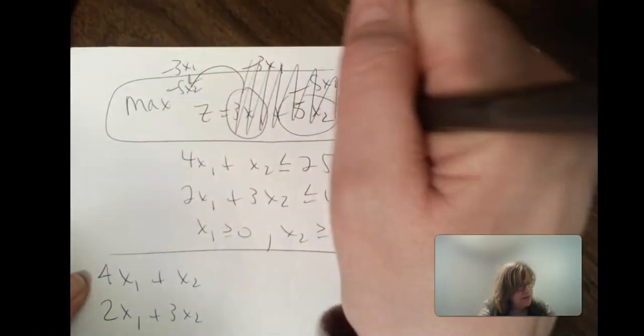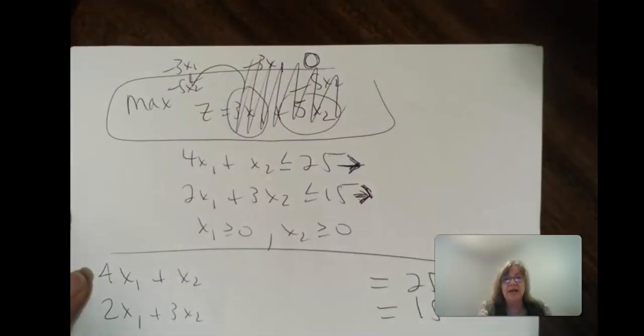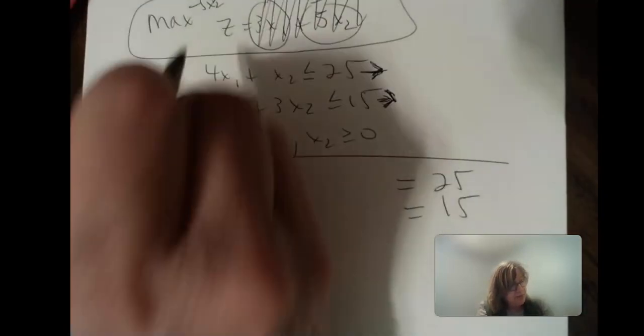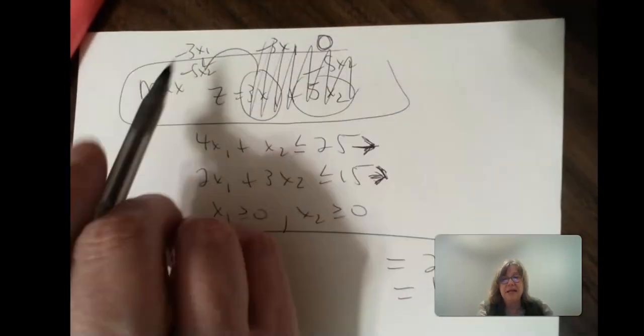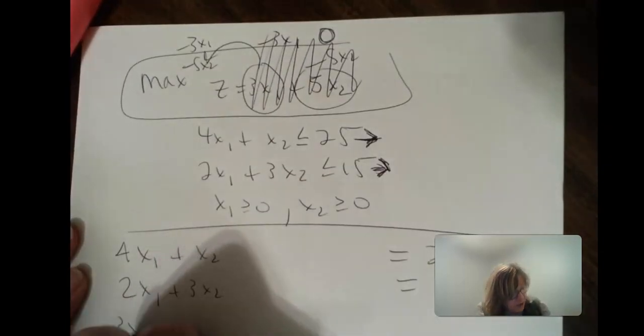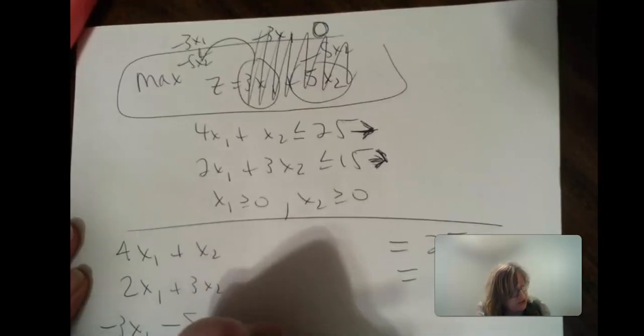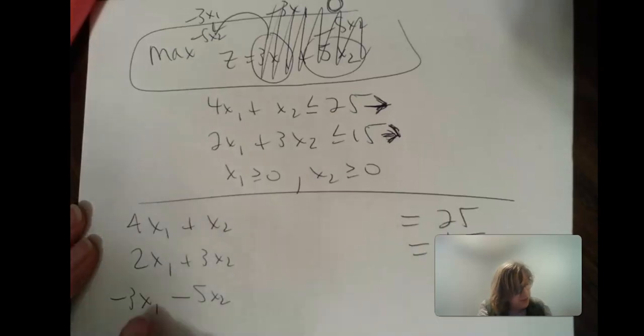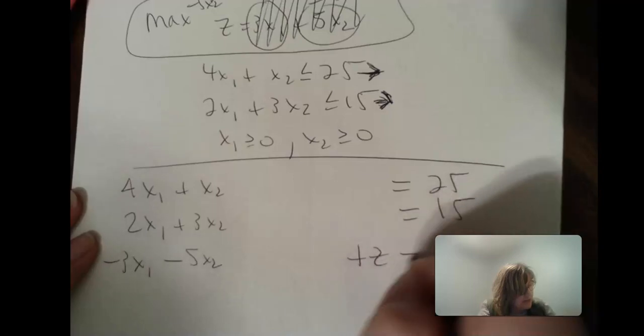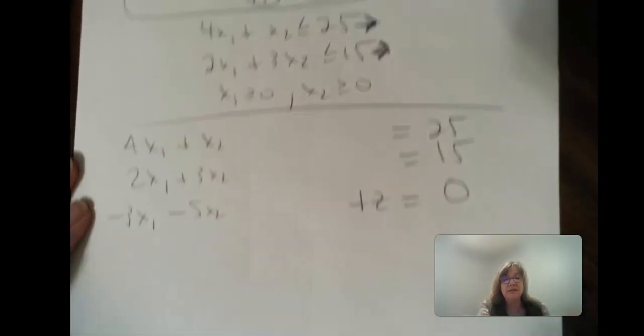And when everything cancels, the only thing that's left on the right is a 0. So my objective row is what we call that when you mess around with the z. So I get a negative 3x1, negative 5x2, and I'm going to write this below those other equations I just wrote. So negative 3x1, negative 5x2. The z is still positive because I never moved it, equals 0.